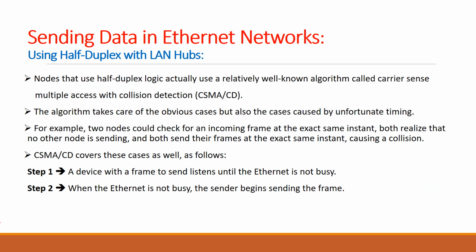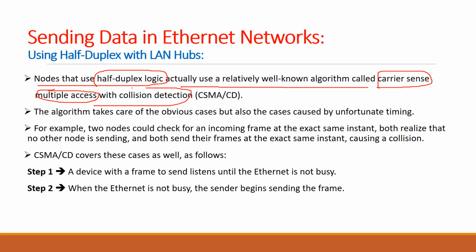And here, nodes that use half duplex logic actually use a relatively well-known algorithm called carrier sense multiple access with collision detection, or CSMA/CD. The nodes must use this algorithm. The algorithm takes care of the obvious cases, but also the cases caused by unfortunate timing, when two signals are sent at the same time.